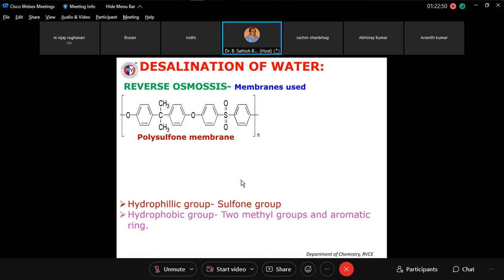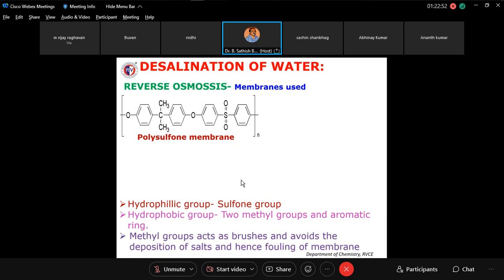And also, the advantage of having this methyl group is they will create some brushing action on the polymeric membrane. The advantage of this brushing action is it will avoid the folding of the membrane. Folding of the membrane means impurities can come and sit on the surface of the membrane.